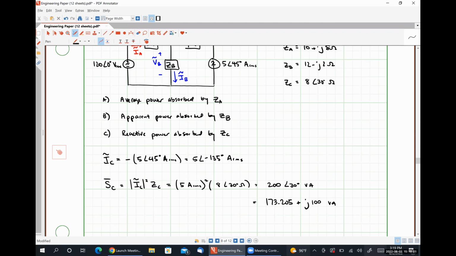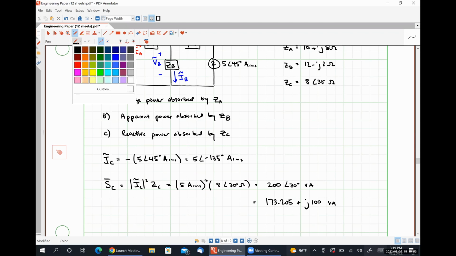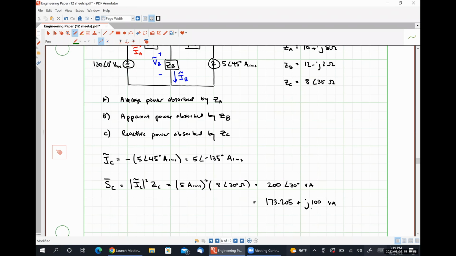Since we want the reactive power, we only need to look at the imaginary portion of the complex power. So QC is simply 100 volt amperes reactive. So we're a third of the way done already.